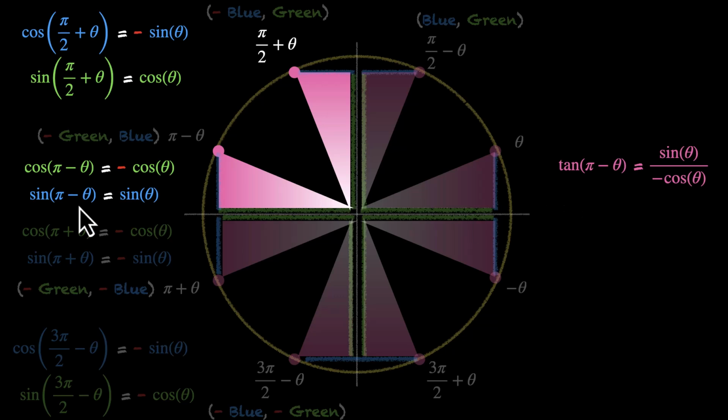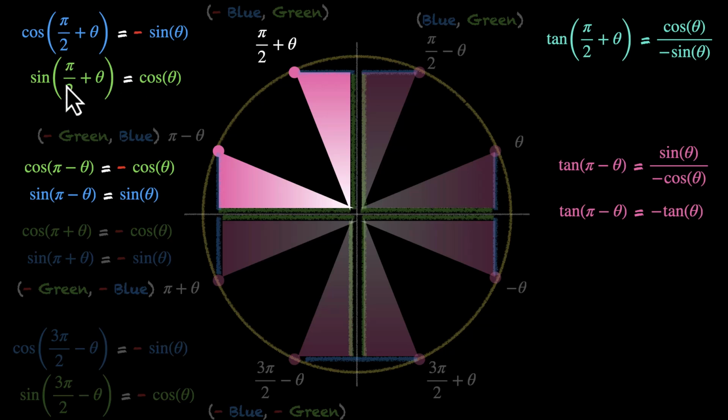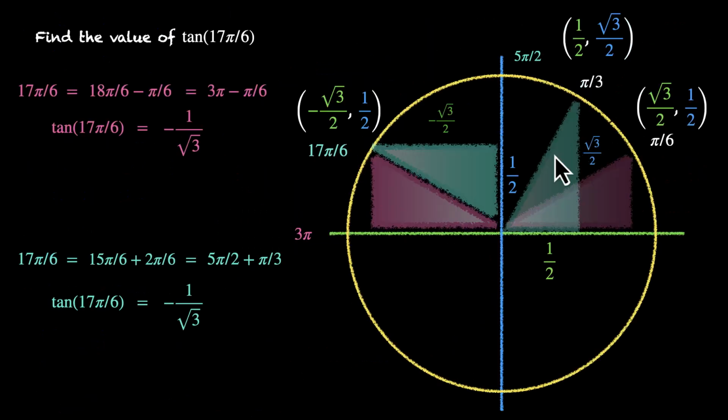Tan pi minus theta will be sine by cos, which is sine theta by minus cos theta. That's minus tan theta. And to get tan pi by 2 plus theta, we can have sine by cos, which is cos theta by minus sine theta. This is minus cot theta. So using the relationships between sine and cos, we figure out the relationships between tan. We can use these and we'll get the same results.